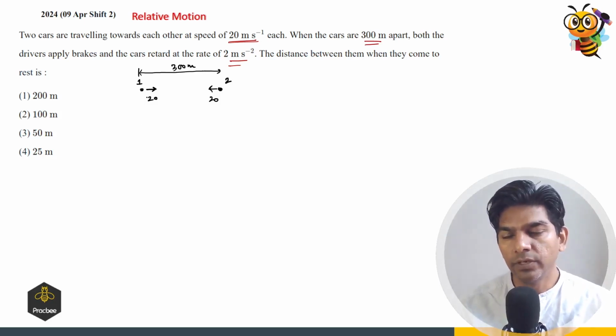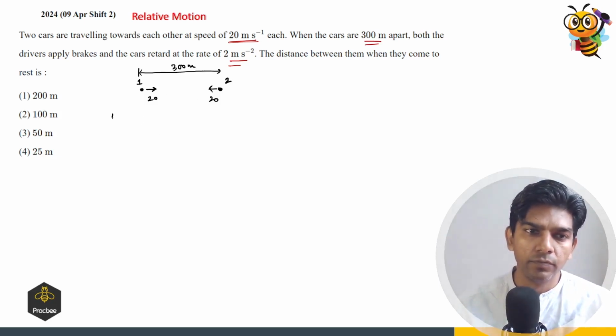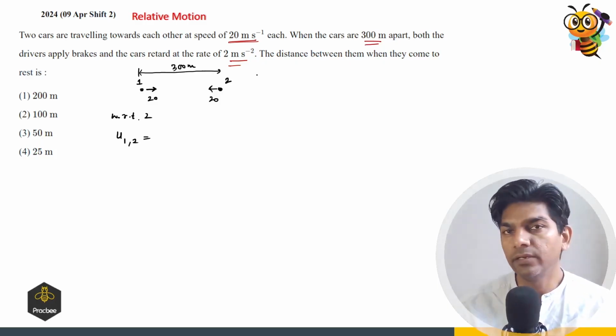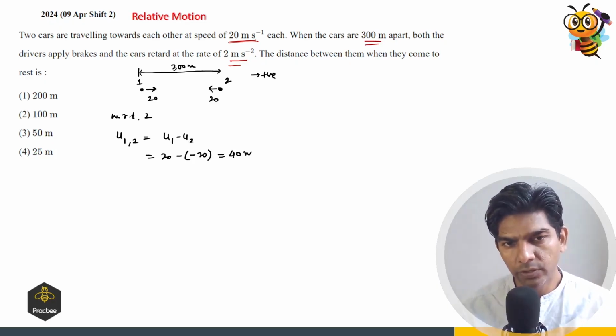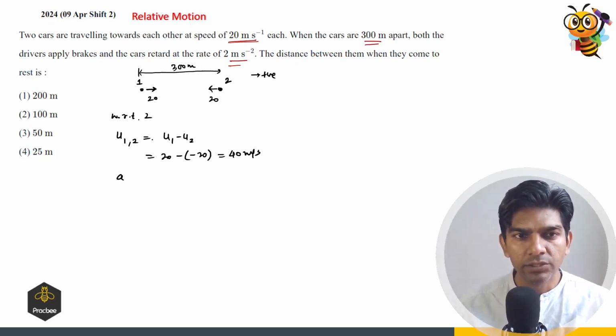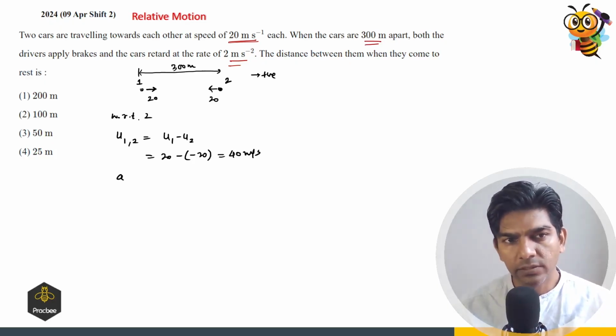Right, so let me call this car 2, this car 1. So let us study 1 with respect to 2. Initial velocity of 1 with respect to 2, I'm taking right direction as positive. So u1 minus u2, so u1 will be 20 minus u2 which will be minus 20, so that will be 40 meters per second. Acceleration: they are retarding, so the acceleration of 1 will be in the left direction and the acceleration of 2 will be in the right direction.